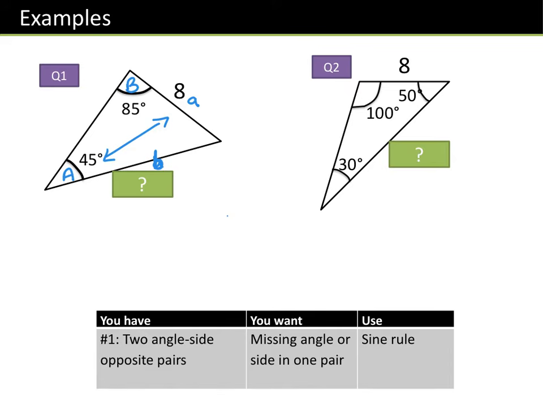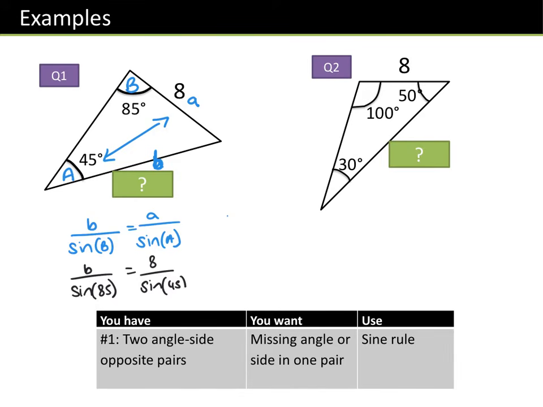If I want to find length, I'm going to put length on the numerator, because that's personally my preference. So I know my length over sine B equals A over sine A. I'm going to fill out everything that I know. So my B is what's missing. So B over sine 85 equals 8 over sine 45.